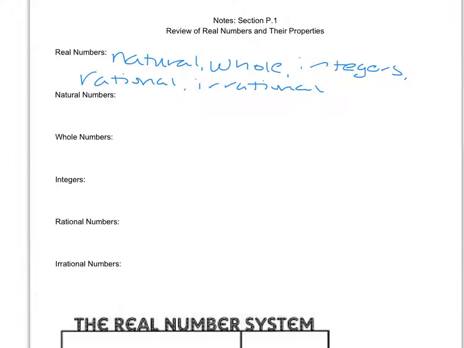Now, we said in class that the natural numbers are the numbers that we use to count. So counting numbers are like 1, 2, 3, 4, 5. So essentially the numbers from 1 up to infinity. Okay, then the whole numbers is where we added in the 0.